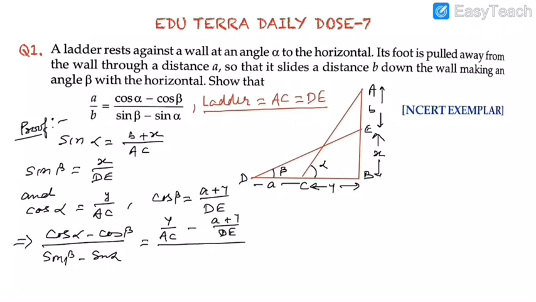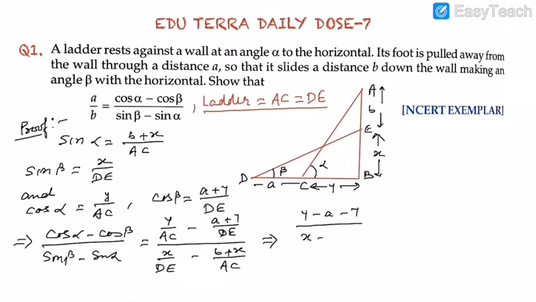Upon sin beta, x upon DE, minus, again you can use brackets, sin alpha, b plus x upon AC. Now AC and DE are both the length of the ladder, so they are equal, a fraction where the denominators are equal. So simply take the LCM in numerator and denominator. AC and DE both will cancel.